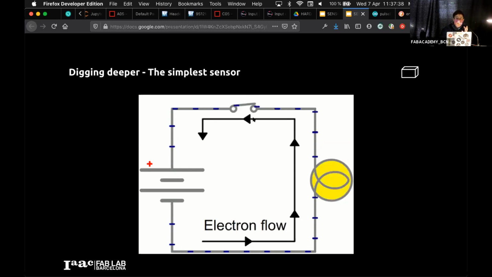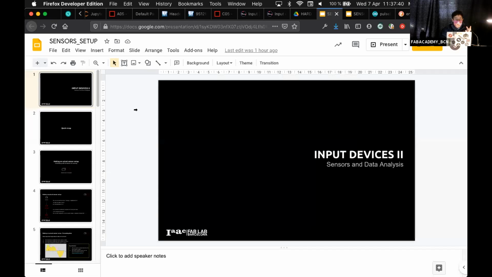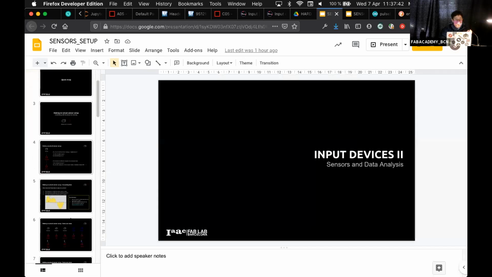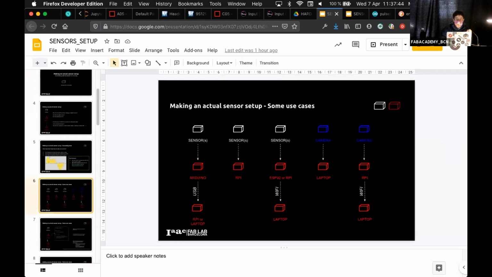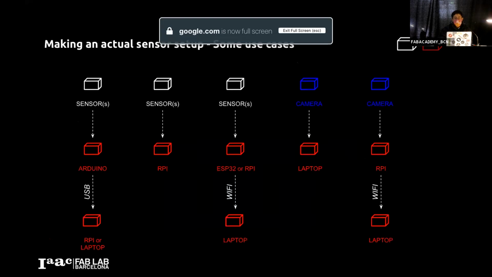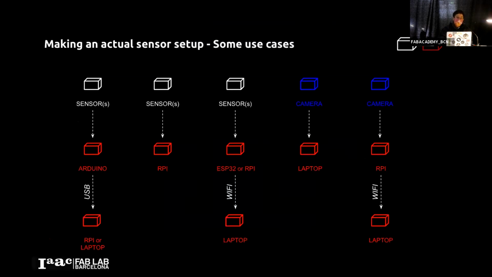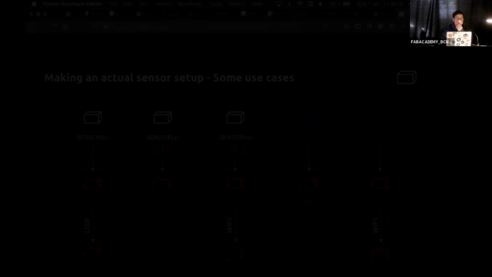Tomorrow, we will talk about this idea, the idea of a sensor setup. So we have a sensor, we have a computer, we have another computer, a Raspberry Pi, Node, board, whatever, and some data analysis techniques.